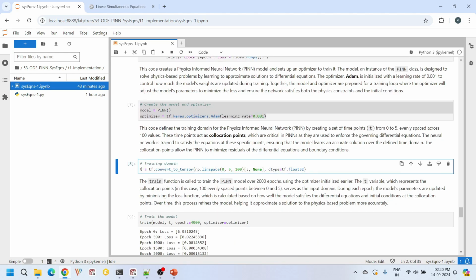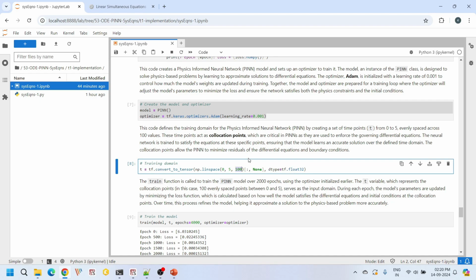So these T are the collocation points. Here I first tried with 20 points, 30 points, 40 points and some more points. So overall I ended up using 100 points. My point is that these 100 points are sufficient to get a decent accuracy in the solution.